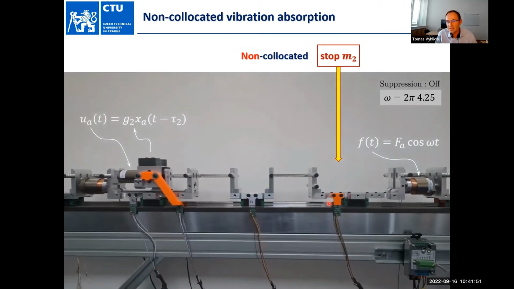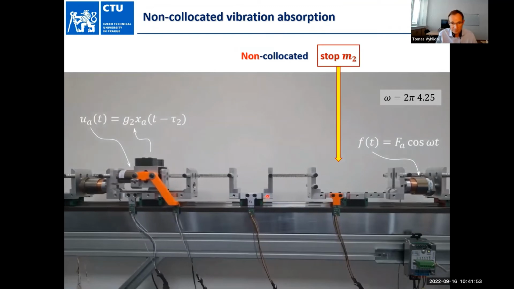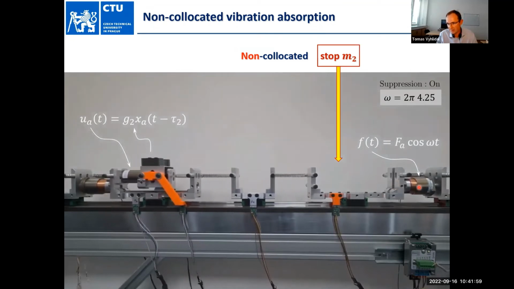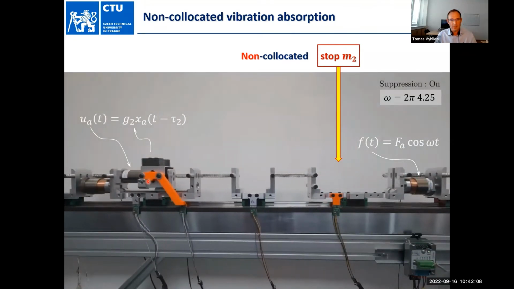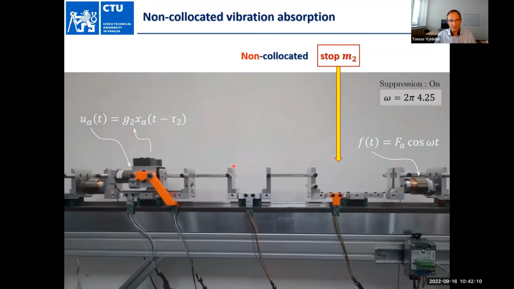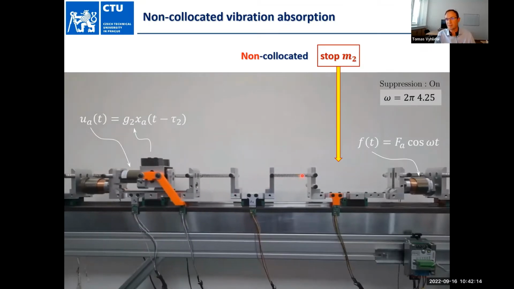Okay, and now it's the most difficult problem, where we stop the position of this cart. Still here we have the excitation. It did not change, but the cart has stopped, thanks to the action of the absorber and the whole resonating structure, and the wave of the opposite force.